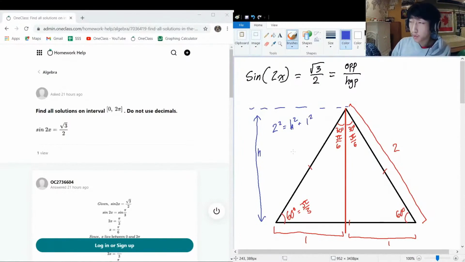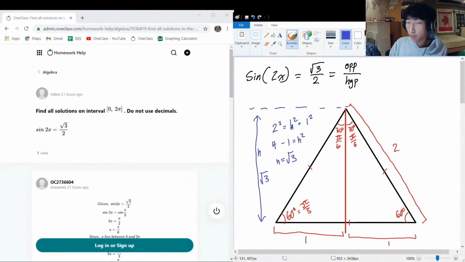So 4 minus 1 equals h squared. So h must be the square root of 3. So this height is the square root of 3.